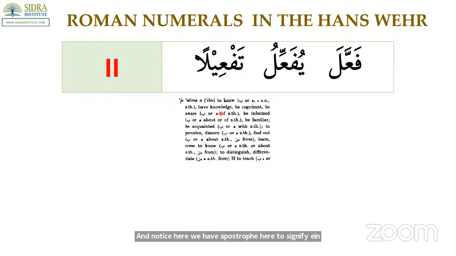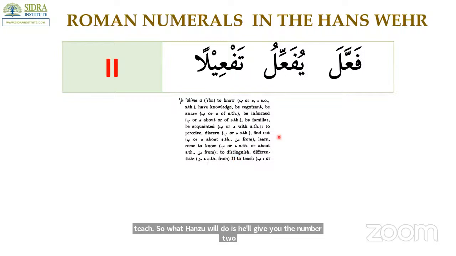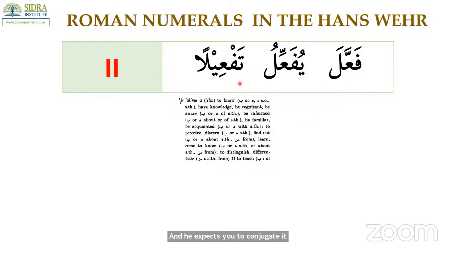If we carry on further down, we see this 2 here. This 2 means that if it comes under this scale, allama yu'allimu ta'lim, it means to teach. So what Hans Wehr will do is give you the number 2 and expect you to conjugate it to the appropriate pattern it signifies.